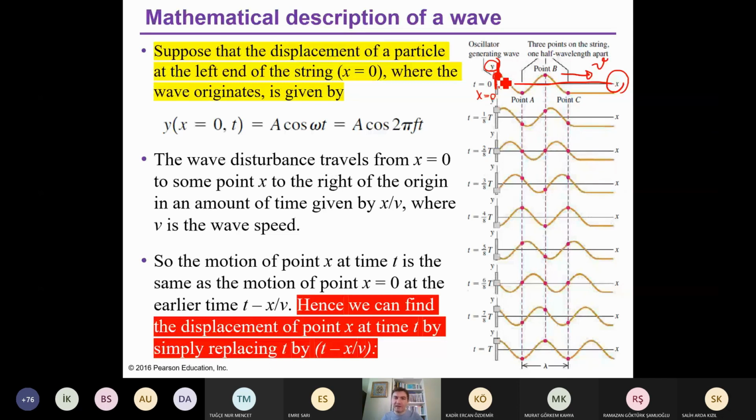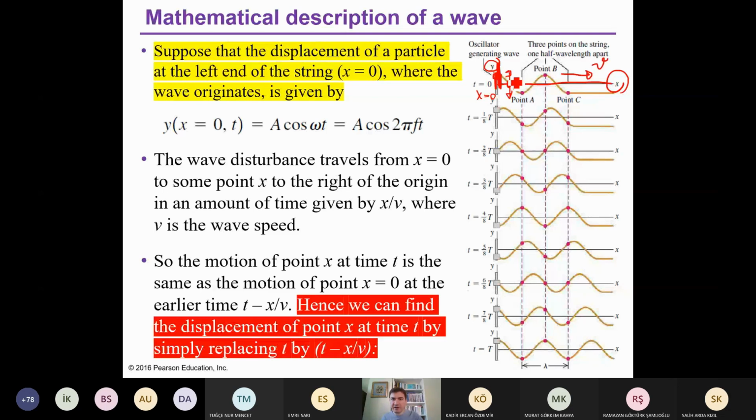And now I would like to investigate the displacement of the particle here on the left side, where x is equal to 0.